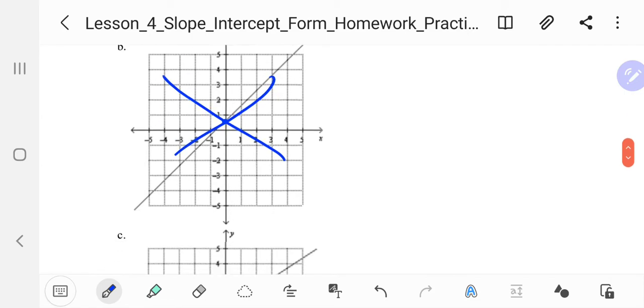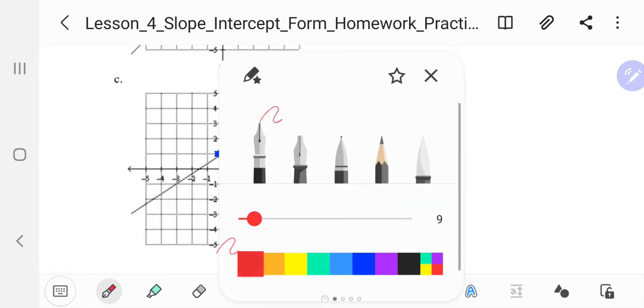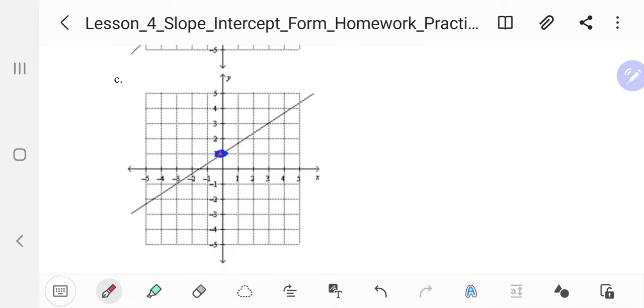Oh, this doesn't work. Okay, 2/3. So that means we put our pencil right here on the y-intercept, and we go rise 2, run 3. Oh, yay, we're back on the line. So this is our answer.